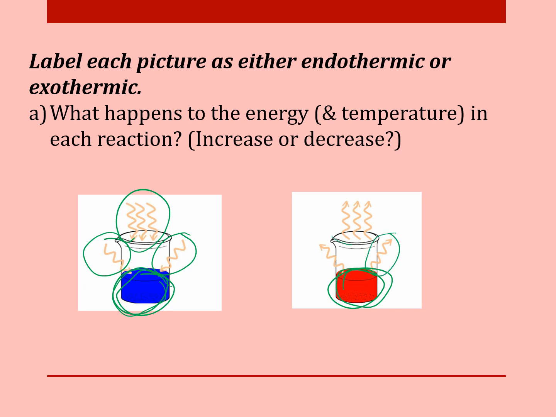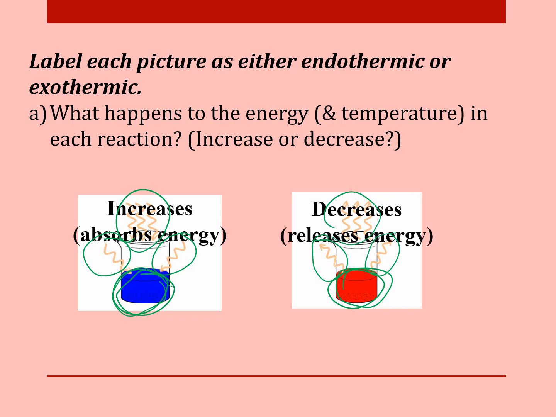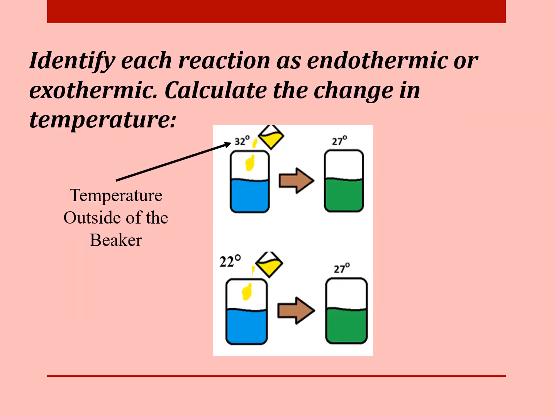Whereas this one on the right-hand side is releasing its energy, so it would be an exothermic process. On the left side, my process is increasing its temperature, and therefore it is absorbing that energy. On the right-hand side, it is decreasing its amount of energy, releasing it, therefore it would be an exothermic process.